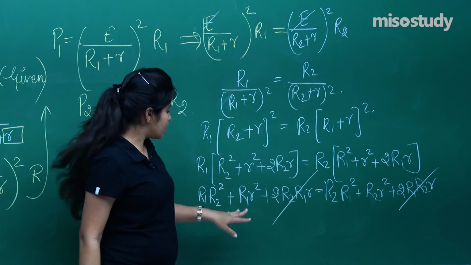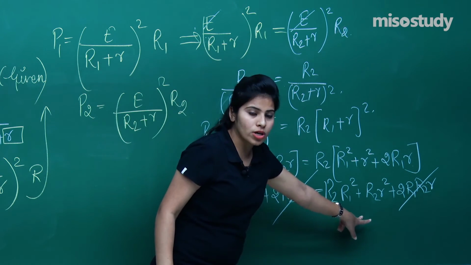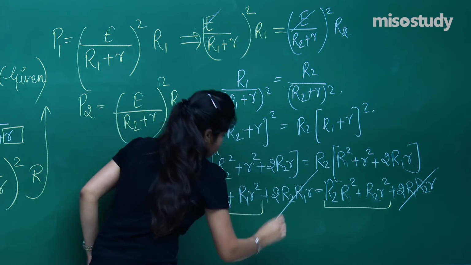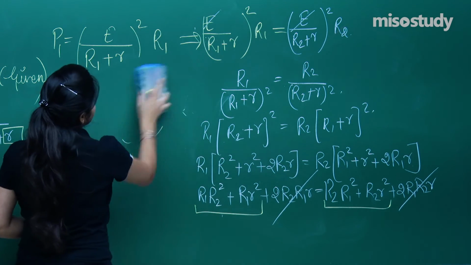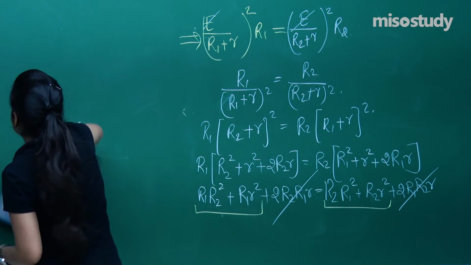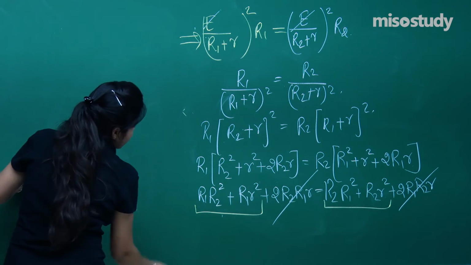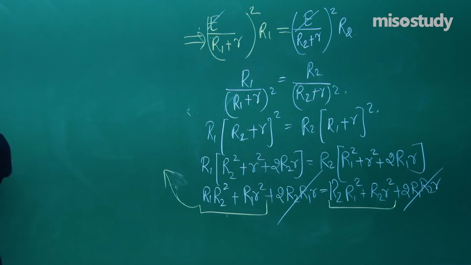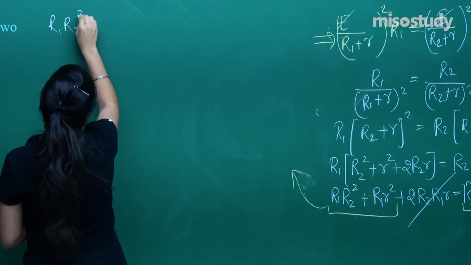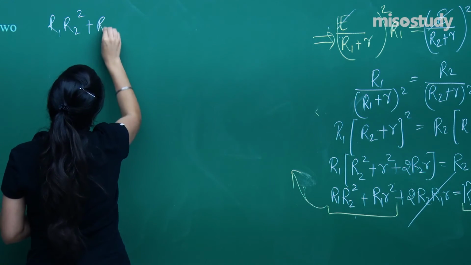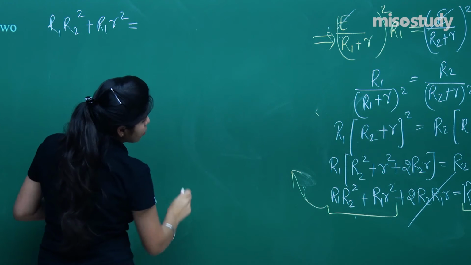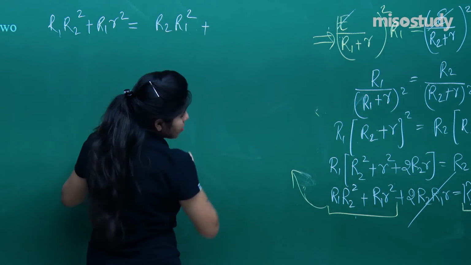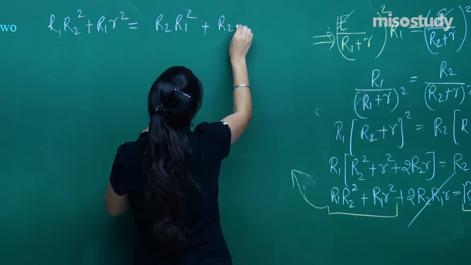What are you left with? These two terms and these two terms. Now let me just come and write over here. We now have R1 into R2 square plus R1 into small r square equals R2 into capital R1 square plus R2 into small r square.